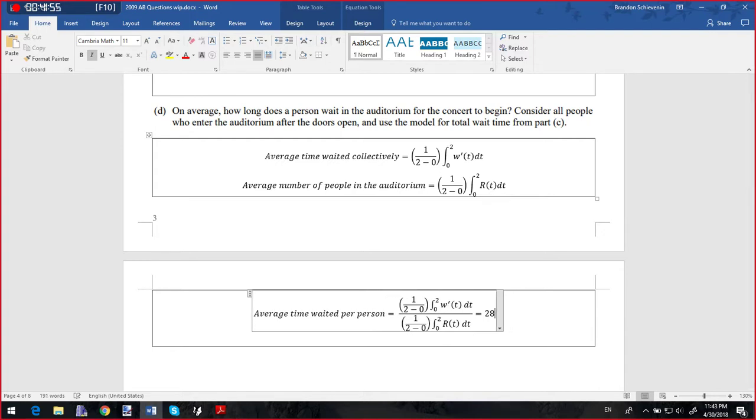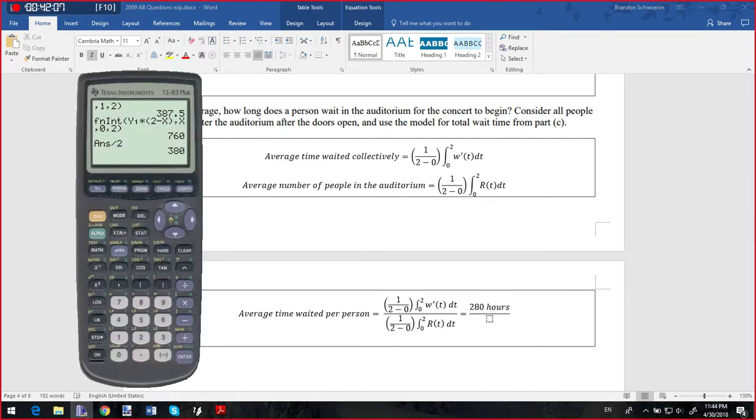Okay, I want to divide by all of that. Let me just keep this on top for now. 280 hours. And then on bottom, I need to integrate R(t). So that'll give me the integral of our function R(t), in terms of x, from 0 to 2, is 980.